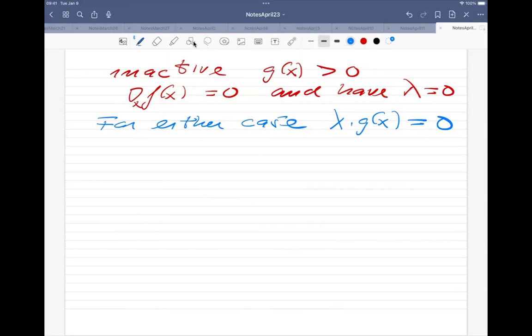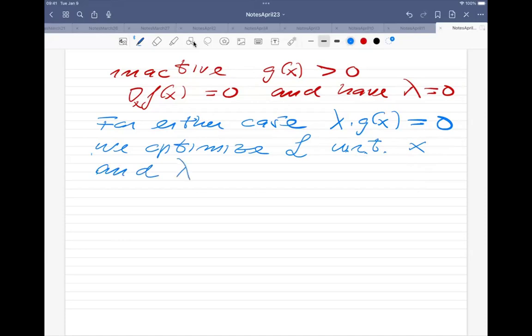So what we are going to do then is to perform an optimization. We optimize a Lagrangian L with respect to x and lambda, subject to the constraints.